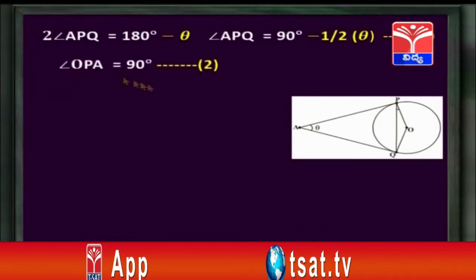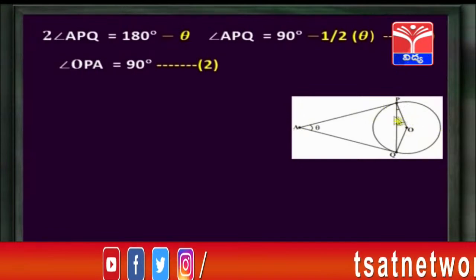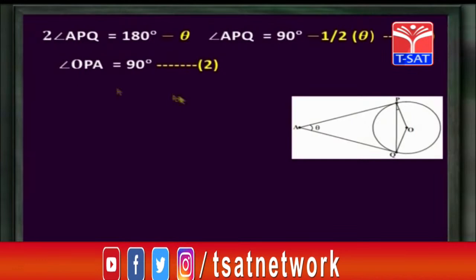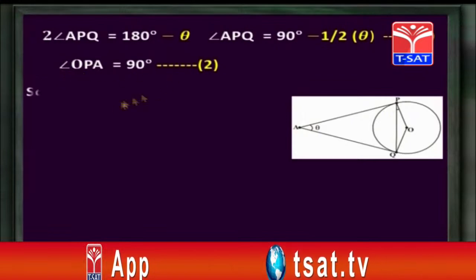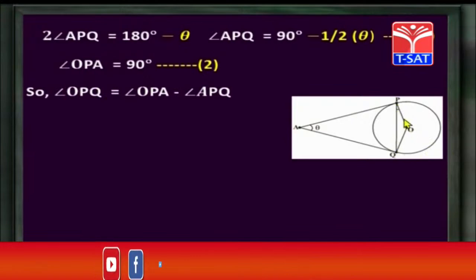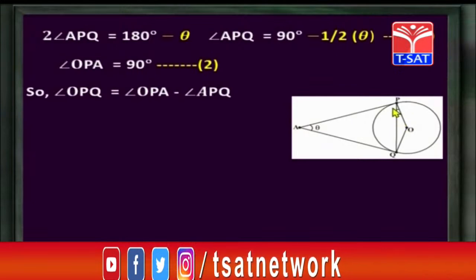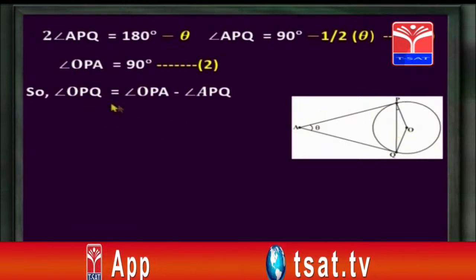Now, OPA is equal to 90. How is OPA 90? Because OPA is an angle at the point of contact. We know that the angle at the point of contact with the radius is always 90 degrees. So OPQ is the total angle minus APQ, so I can write OPQ is equal to OPA minus APQ.